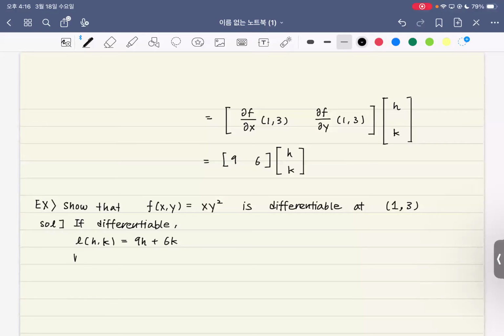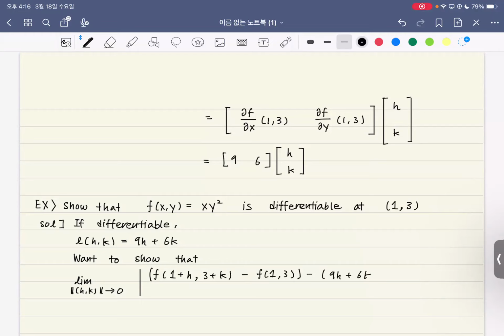And we want to show that the limit of f(1 plus h, 3 plus k) minus f(1, 3) minus L(h, k), which was 9h plus 6k, everything divided by the length of (h, k), goes to 0.